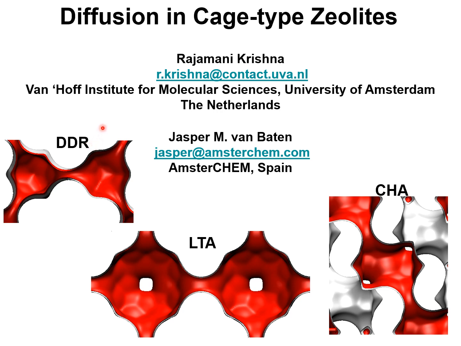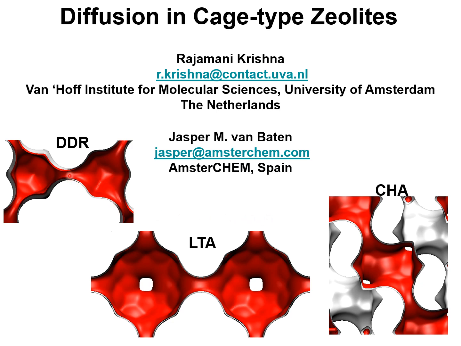The objective of this presentation is to gain insights into the diffusion of gas molecules such as carbon dioxide, methane, hydrogen, nitrogen, water, ethanol in cage-type zeolites such as DDR, Chabasite, LTA, ITQ-29 and TSC.